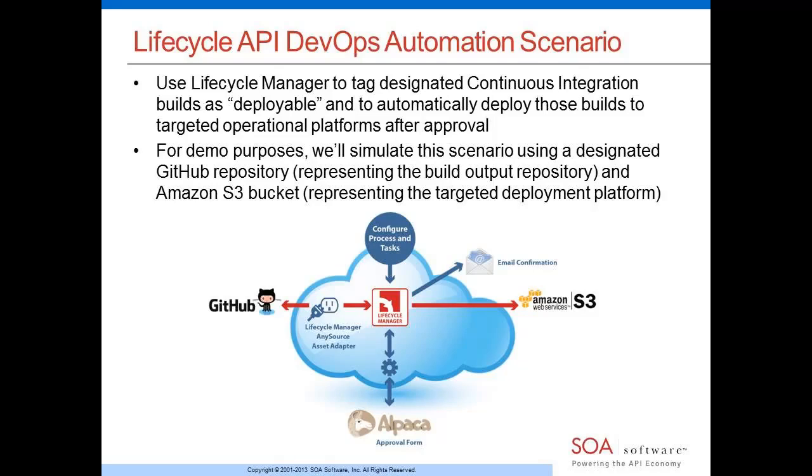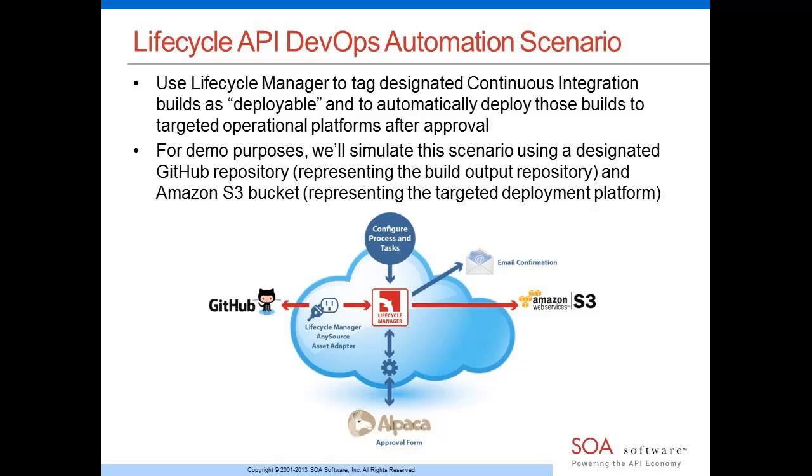So you might have in your IT shop an agile continuous integration environment where API developers are pushing code up that's getting built, that's getting deployed, and at some point somebody needs to make a decision that build XYZ is the build we want to push through the staging environment to eventually get out to the prod environment and make accessible to our end customers.